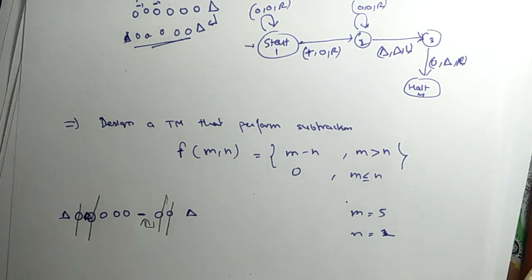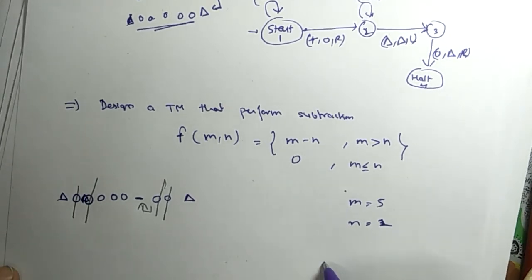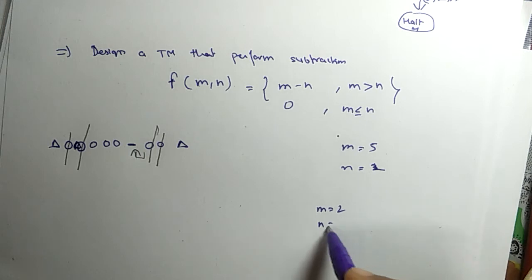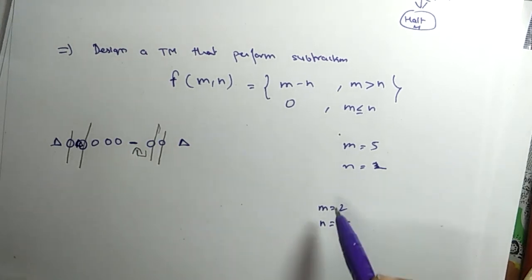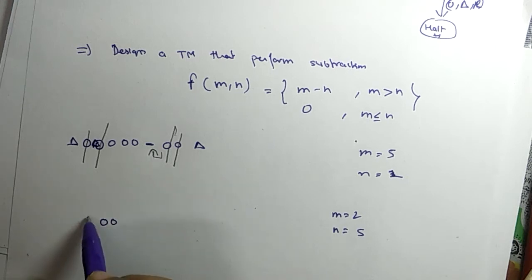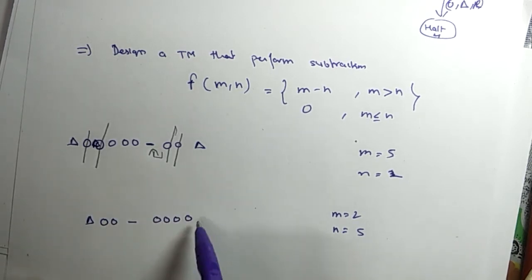Suppose we have another case, m is 2 and n is 5. In this case we have 2 zeros here and 5 zeros here, and we will apply similar logic.